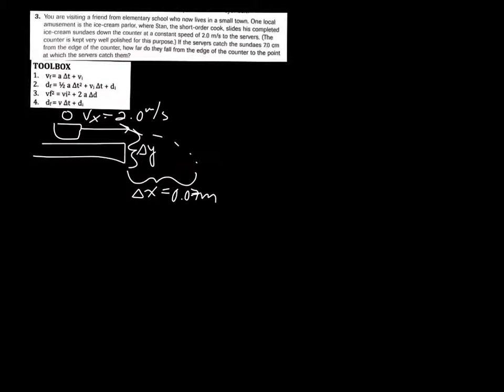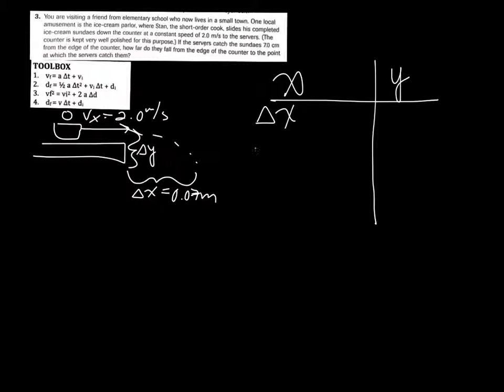Now we're going to list our variables, x, y. On the x side: delta x, velocity in the x direction, change in time. Delta y, acceleration, change in time, initial velocity, and final velocity.